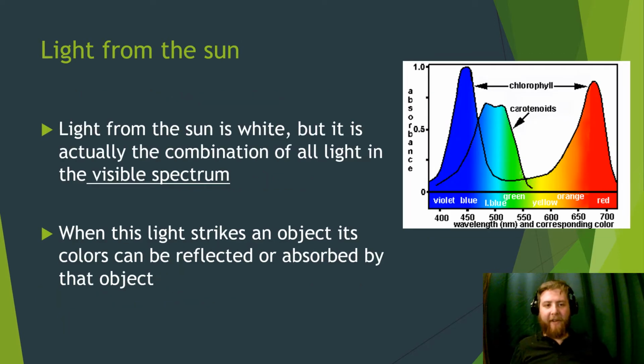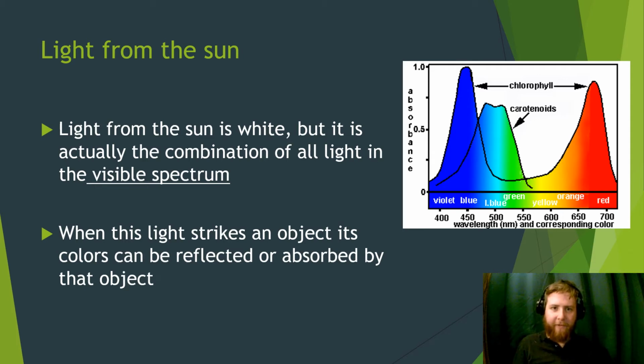Now, light from the sun is white, but it is actually a combination of all the light in the visible spectrum. So when light strikes an object, its colors can be reflected or absorbed by that object. Now, whatever color you see, like this curtain behind me is reflecting green light. It is absorbing all the other colors, and that's kind of the exact same thing that's going on in plants.